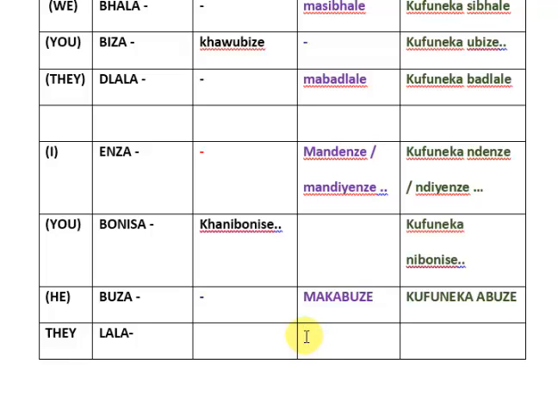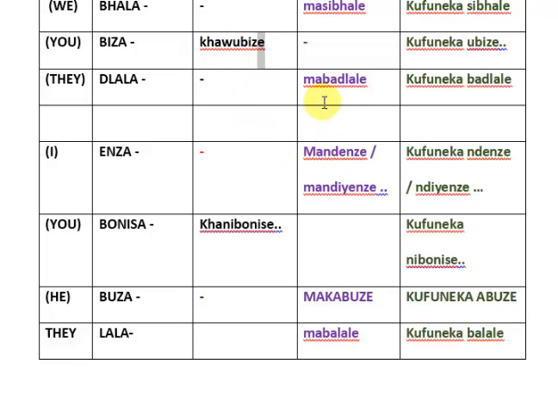Okay, lala, with them, to lie down or sleep. Maba la le, and kufuneka ba la le. So in these three new uses of the verb, in each instance the verb ends on e.